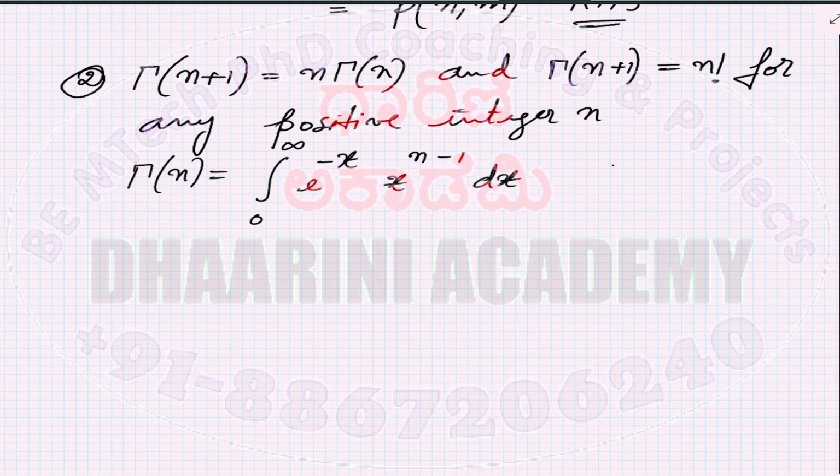But you see that what they have asked in the question is that you need to have gamma of n plus 1. So I'll do the same thing. This implies that gamma of n plus 1 is obtained by replacing every n with n plus 1. That's all.